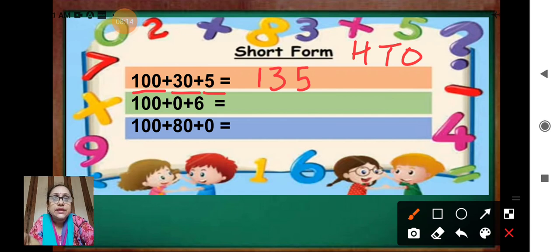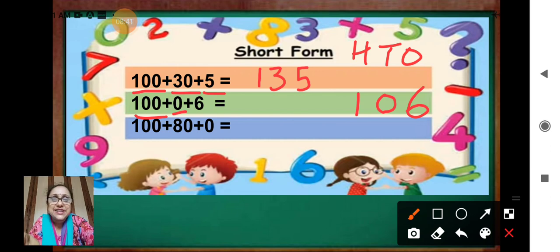Now the next one, 100. That is in which place? Hundreds place, write 1. Now this 0 plus 0, 0 is in tens place. Okay, so tens place, nothing is there. It is 0. So write 0 and plus 6, that is in ones place. So the short form is 106. Correct?